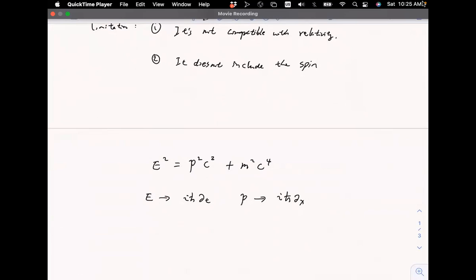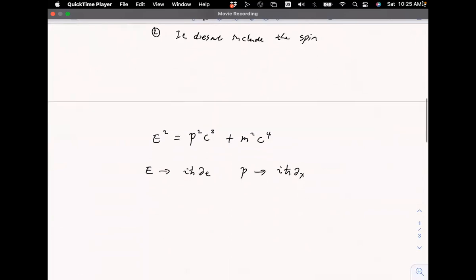You're going to have the i h-bar partial t squared, and then this thing, you're going to have a negative c, and then you're going to have this. You're going to have a wave equation like this.